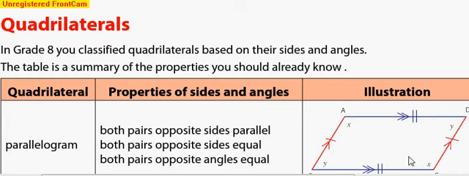So this angle and this angle equal each other, and this angle and that angle equal each other. So angle y and x can be of different sizes, they don't necessarily have to be the same, and the red side and the blue side also don't necessarily have to be of the same length.